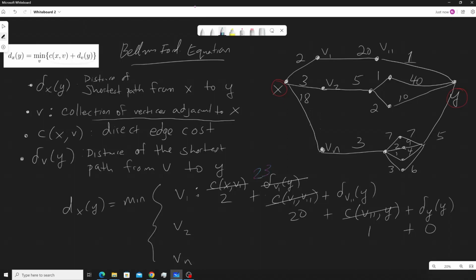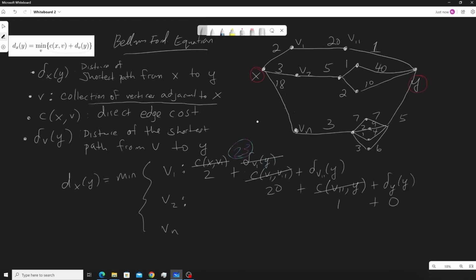So let's move on to v2. For v2, we have a fork. Let me zoom out a bit. That makes things a little bit more difficult, but not that much more difficult. So again, we are now doing c of x comma v2 plus d of v2 y.